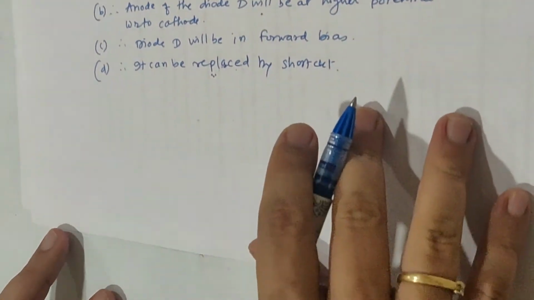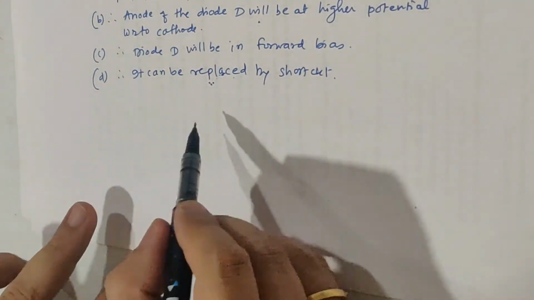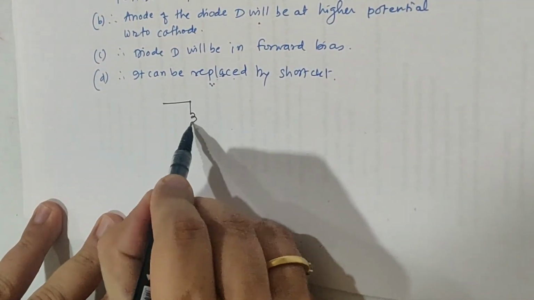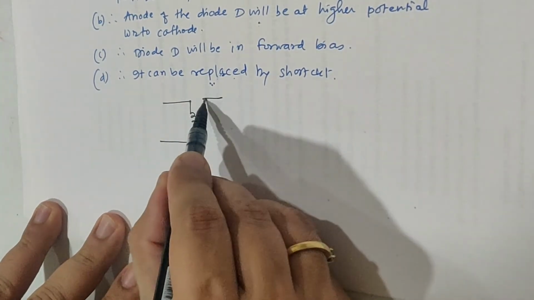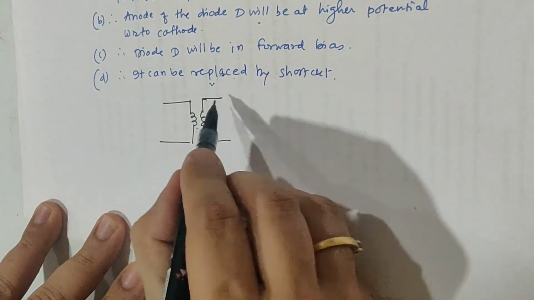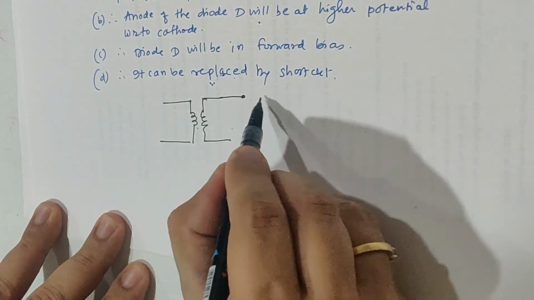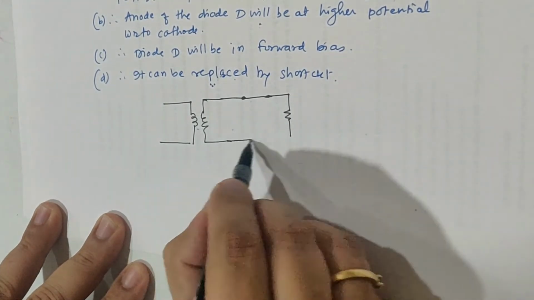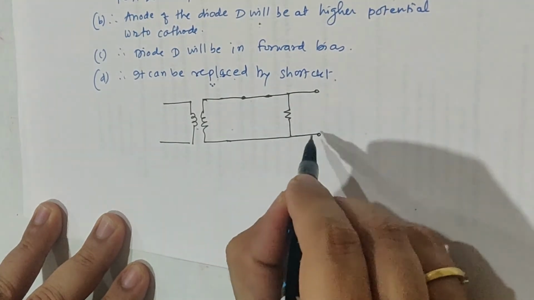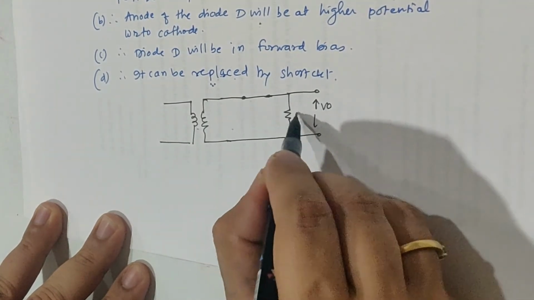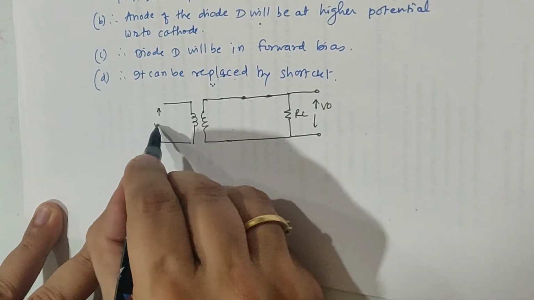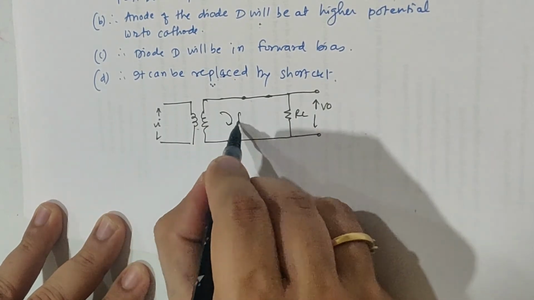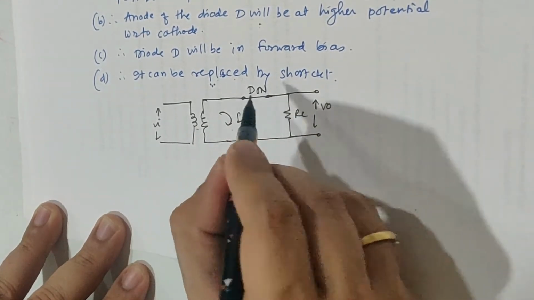So let us replace it by short circuit. I will draw the circuit again. This is your transformer. I am shorting these 2 points, then a resistance RL, and here V0 output, this is your input, and the current flowing through it is I, and this is D on.